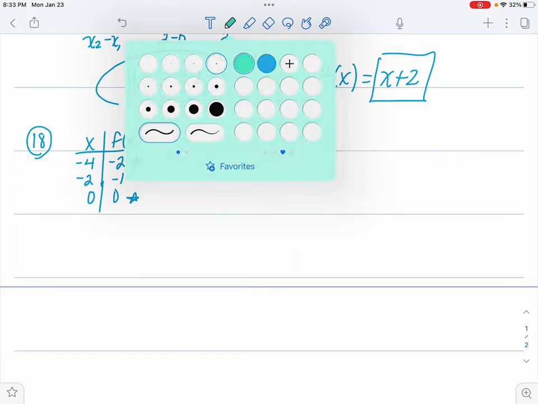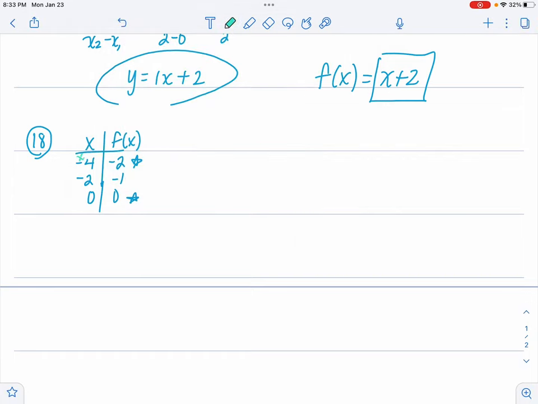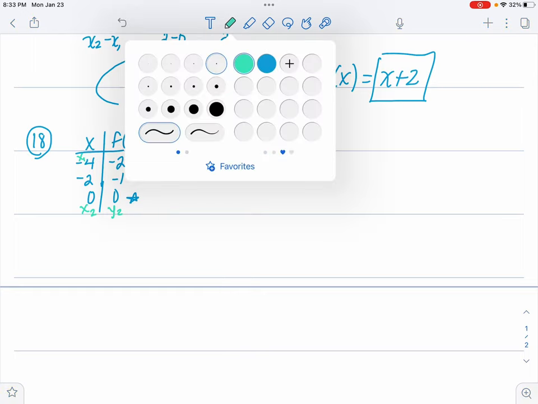So we have to stay consistent with our labeling. If this one's going to be x1, then the negative 2 has to be y1. The y1 can't be negative 1 or 0. Since negative 4 is my x1, then negative 2 has to be my y1. And so I'll say that 0, 0 is x2 and y2.